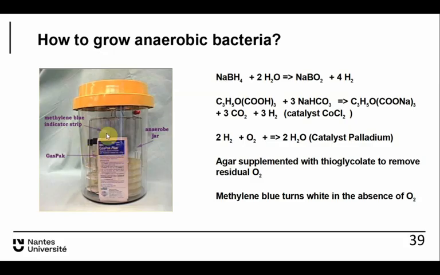And what's going to happen is that the chemicals in here, so you have sodium borohydride, a mixture of citric acid and sodium bicarbonate, when you add water to them, there are two chemical reactions that occur that release hydrogen gas. And there's also a catalyst up in the lid of the jar, which will catalyze the reaction between hydrogen and oxygen to produce water.